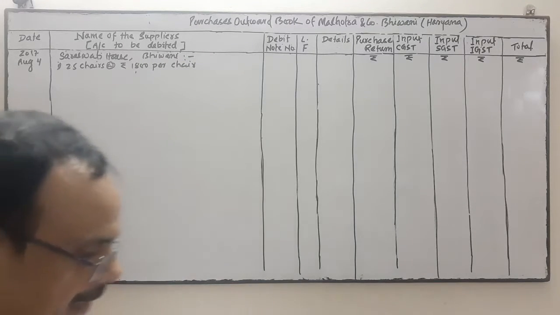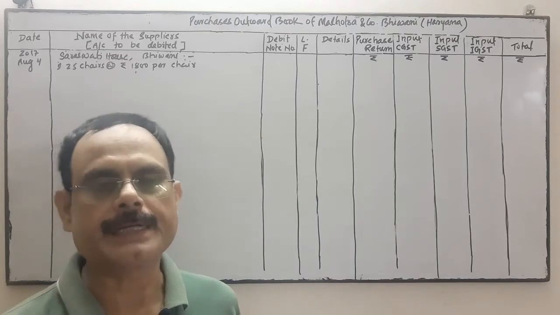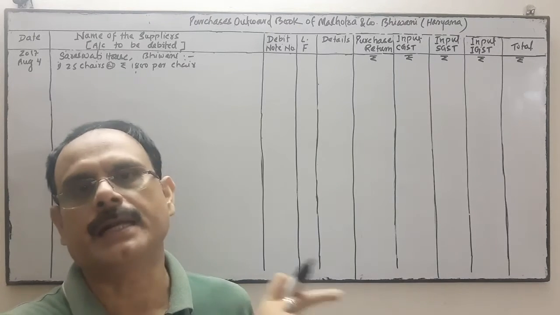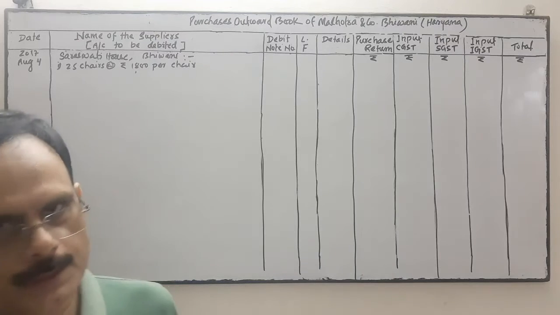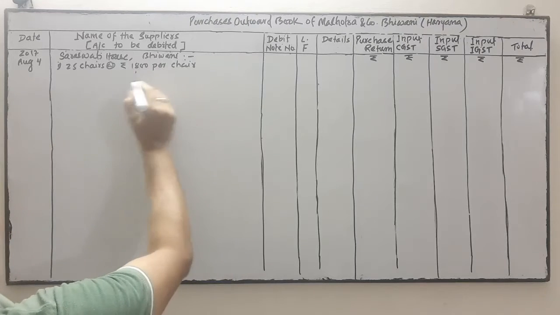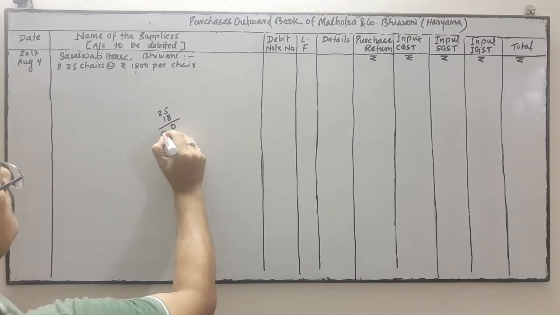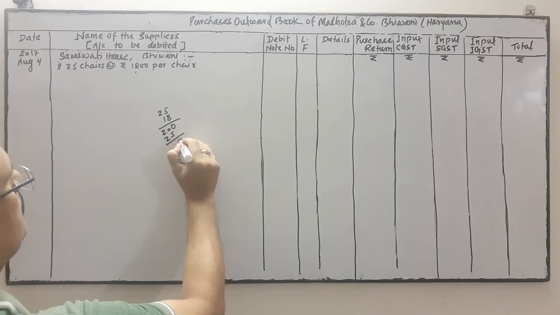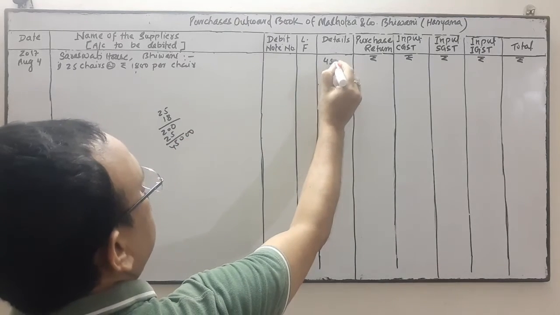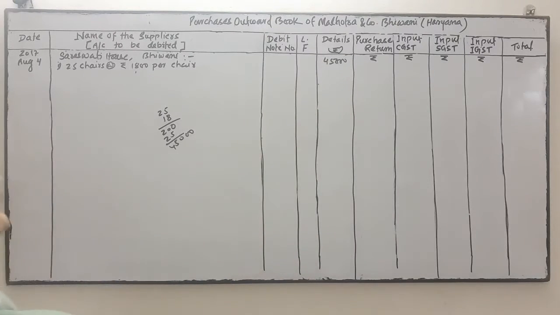The reason given is not as per specified quality, the quality which was mentioned at the time of ordering the goods. So 25 into 1800 is 45,000.